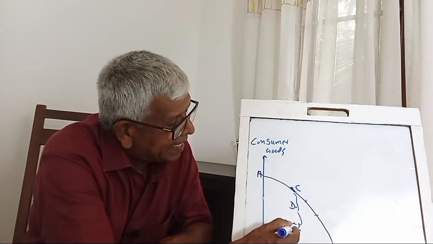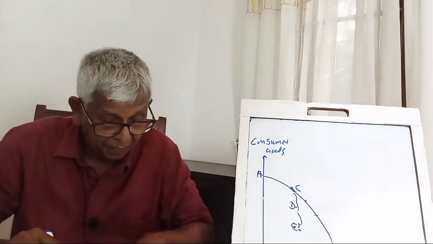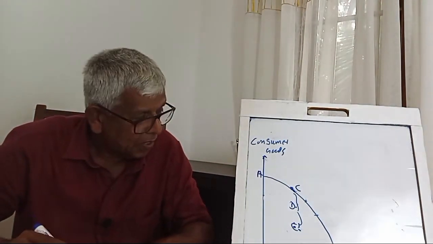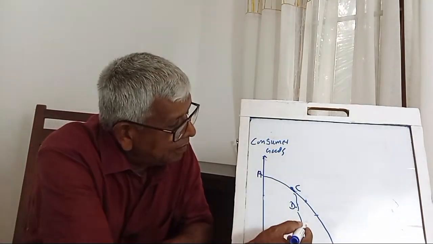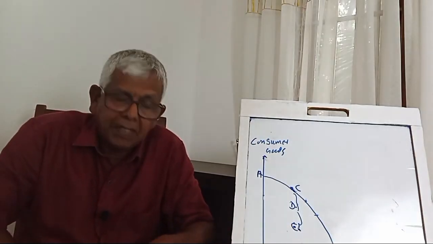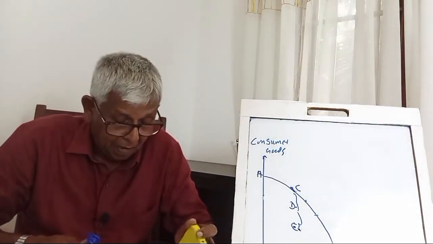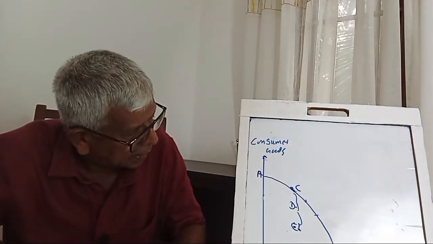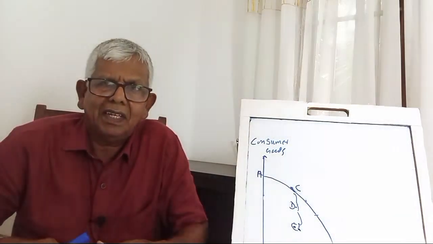D and E are not on the PPC, so they are inefficient production levels. 1 mark for the correct diagram.